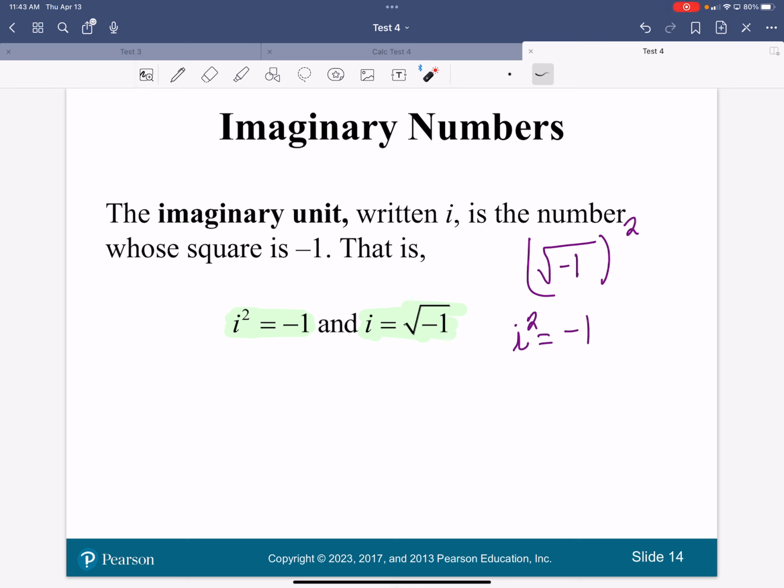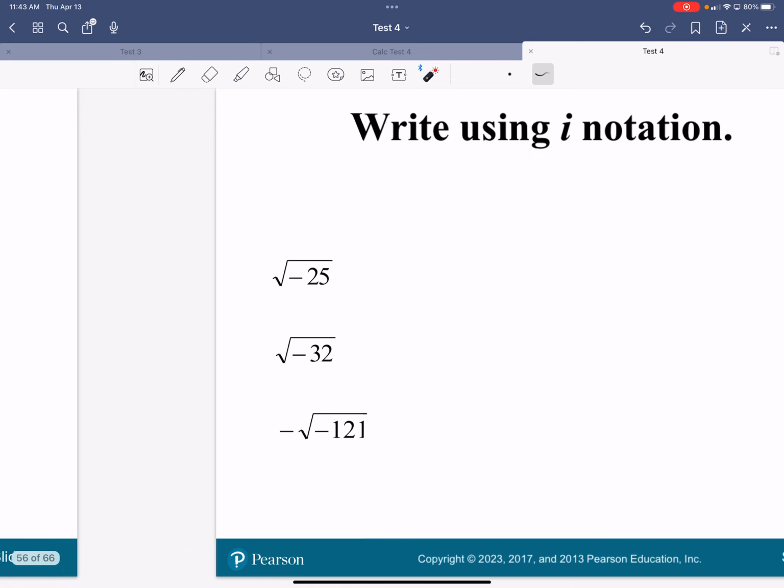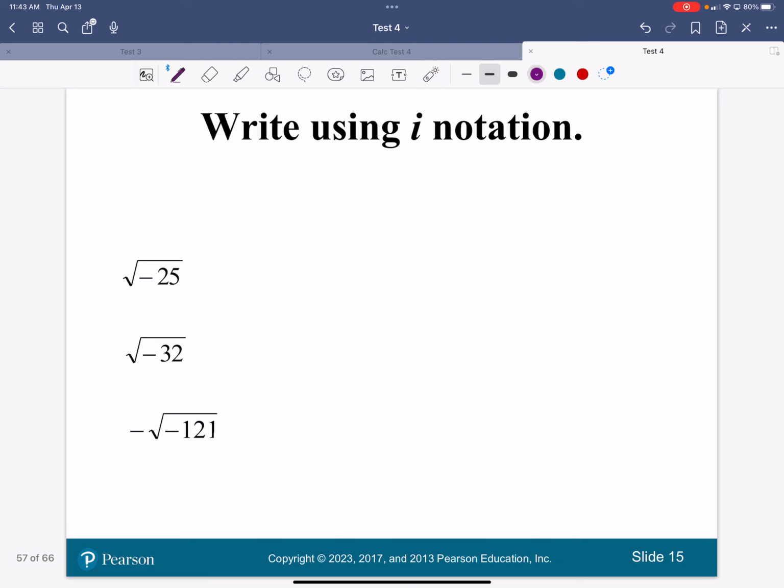When we are dealing with a negative inside a square root, now a negative inside a cube root is okay, but a negative inside a square root we have been saying has no solution. What that means is there is no real solution.